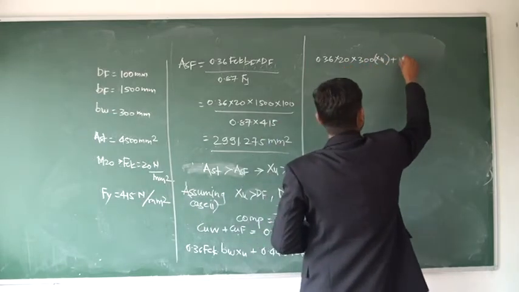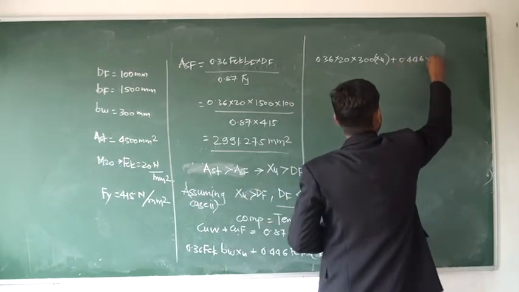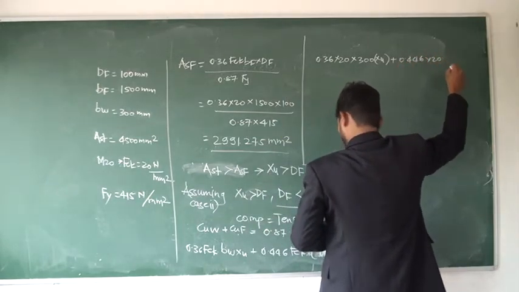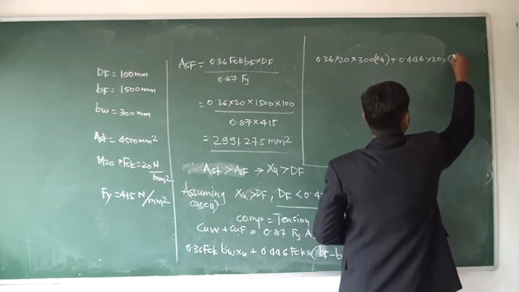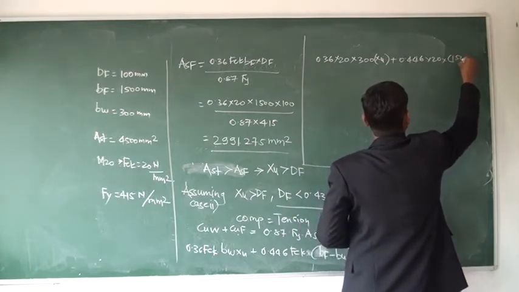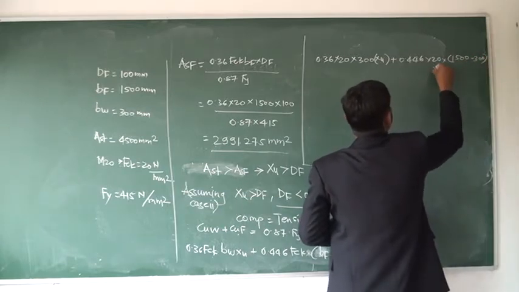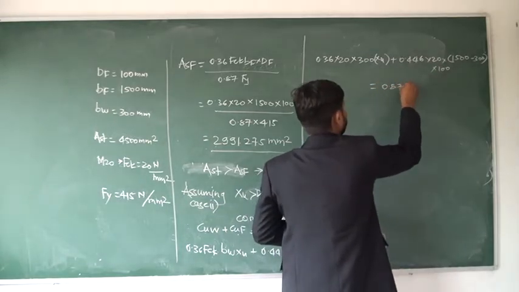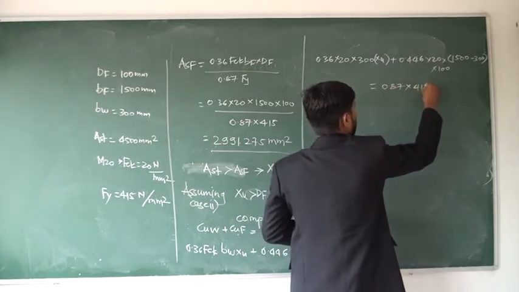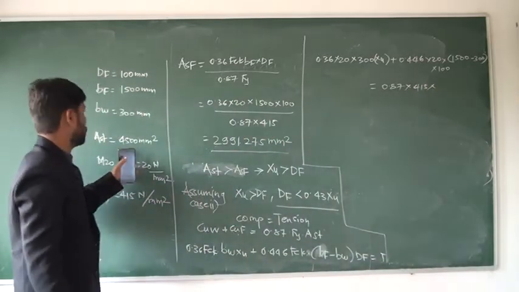Then 0.446 into FCK is 20 into BF is 1500, minus BW is 300, into DF is 100. All this is equal to 0.87 Fy into AST.